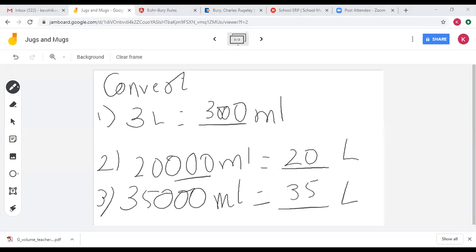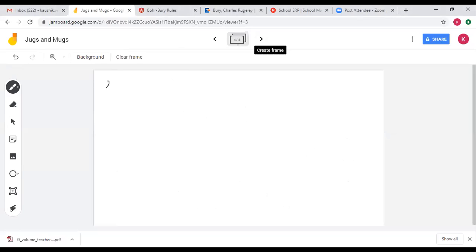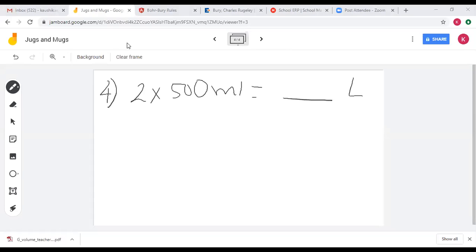Okay. Right, everyone. So next one, 2 times 500 ml is equal to how many liters? Come on, this one is a little bit interesting. 2 times 500 is 1000 ml, which is equal to 1 liter.